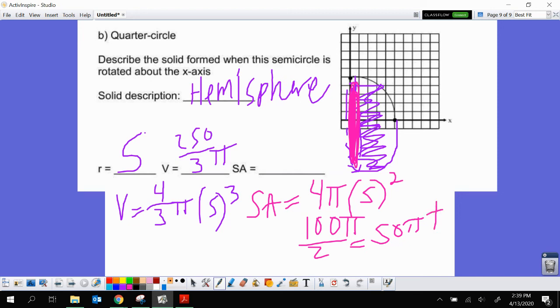So we need to add in that circle that we can now see. If I add in pi r squared, which is 5 squared, I'm adding in that circle, that would be 75 pi. That's why last lesson over spheres, we said the surface area of a hemisphere was actually 3 pi r squared, because we can now see that surface.